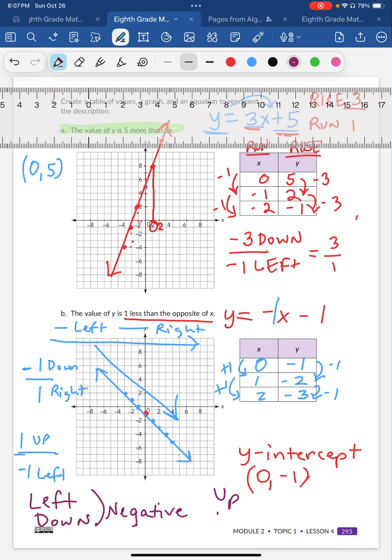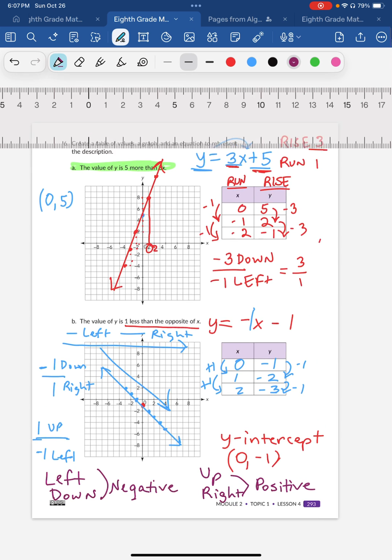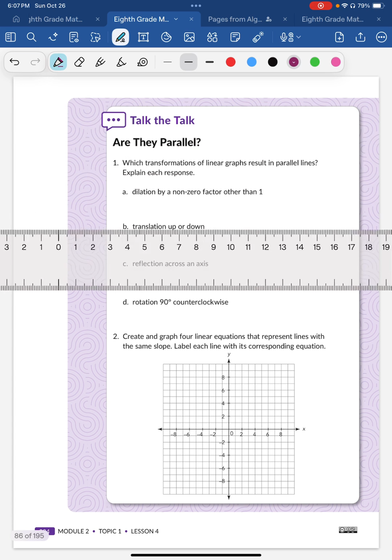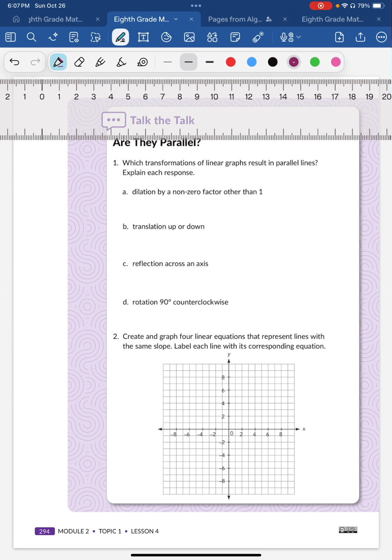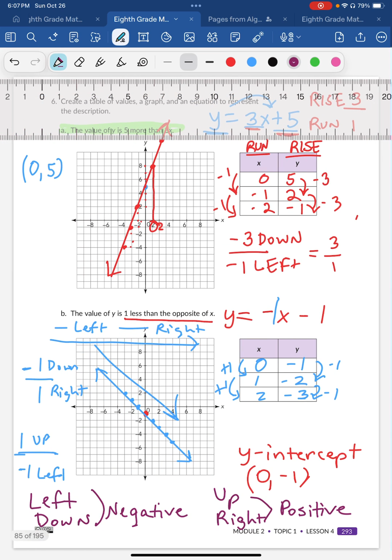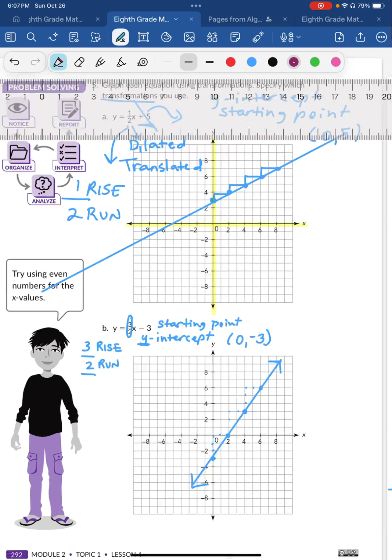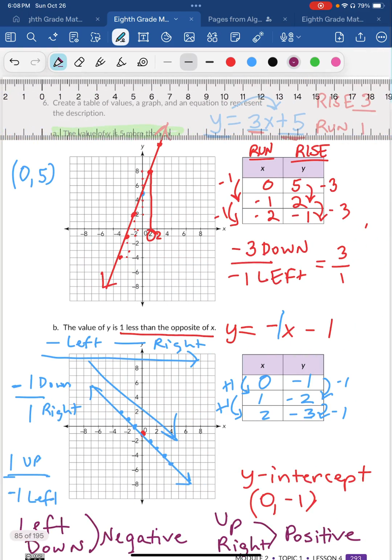Going up and to the right is the positive direction. Okay? What comes next? I think I will stop this video here, and if we end up doing this part in class, then I can record another video. But for this video, you should have these and these completed.